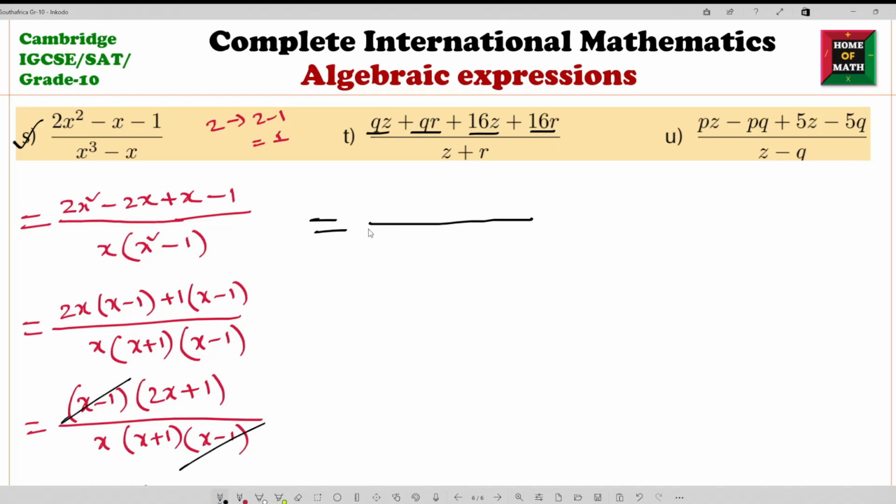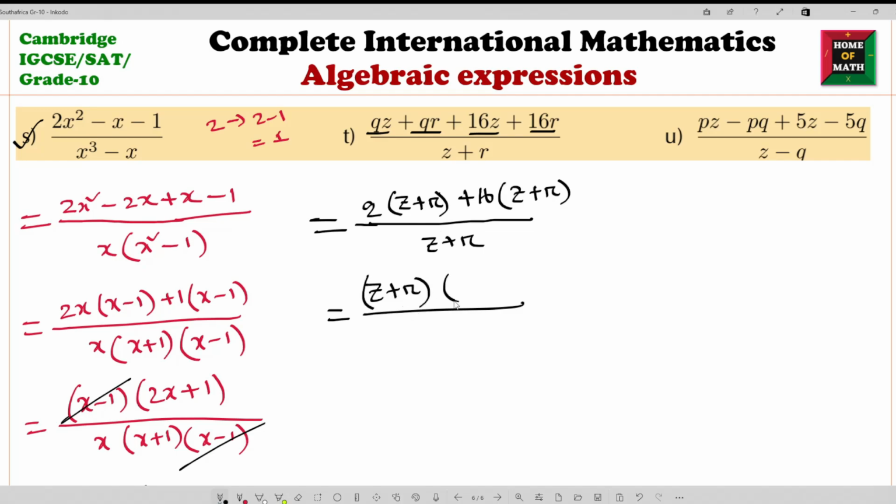So here we can take common q, so z plus r, and here we can take common 16, again z plus r, divided by z plus r. So here is z plus r times q plus 16, and here is z plus r. So z plus r out, q plus 16 is our answer.